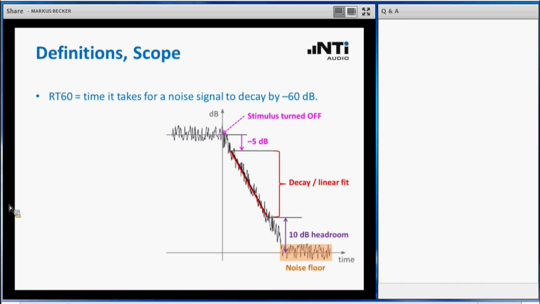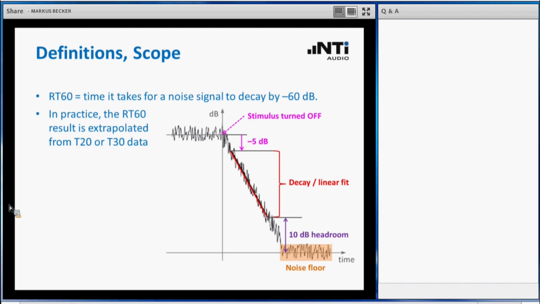Well, if you sum up all these values, the 5 dB decay, the 10 dB headroom, plus theoretically the 60 dB decay that we would need for a complete measurement, this sums up to a very high starting level of the noise signal, and this is hardly feasible in practice. For that reason, we are actually using the T20 or the T30 data.